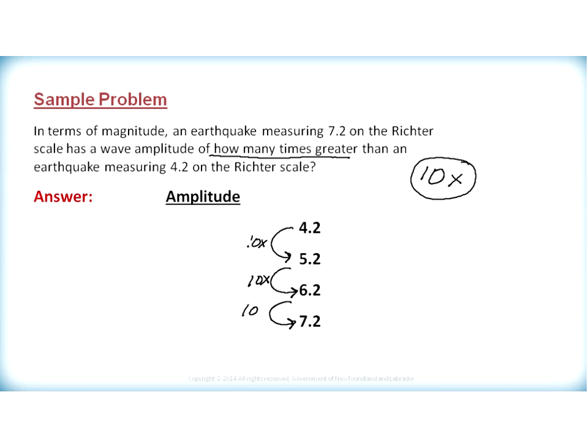So we see that an earthquake measuring 4.2 compared to one measuring 7.2 would increase 10 times with 3 increments. And that would equal 1,000 times. So an earthquake measuring 7.2 on the Richter scale would be 1,000 times greater than one measuring 4.2.